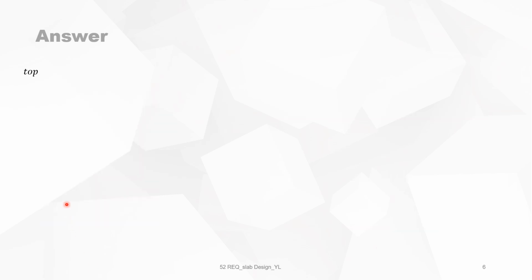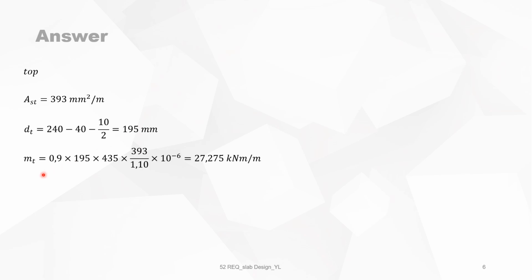So now let's have a look at the top reinforcement. The reinforcement was 393 square millimeters per meter. The lever arm is the total depth of the slab minus concrete cover minus the point of gravity of the reinforcement. This reinforcement is in the third layer and it gives you 195 millimeters.